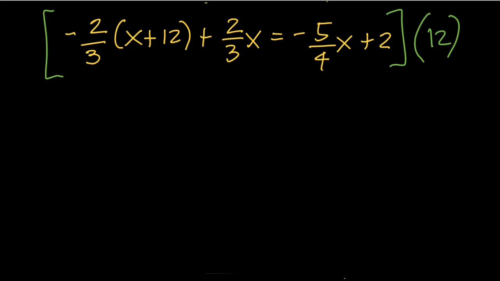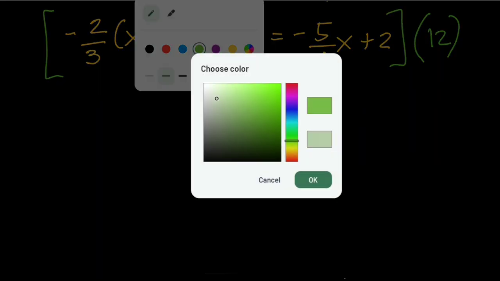You decide. If you want to distribute, then it's still okay, but it will be a bit complicated. Yes, it'll be simpler because you get rid of the fractions. Okay? Yeah, let's do that.